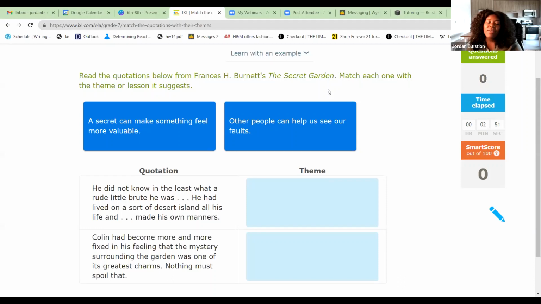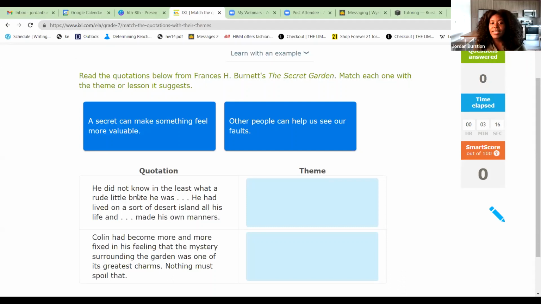Okay, so they gave us 2 lessons. The first one is, a secret can make something feel more valuable. The second lesson, other people can help us see our faults. They've also provided 2 quotations that can be evidence for either lesson, or an example of either lesson.